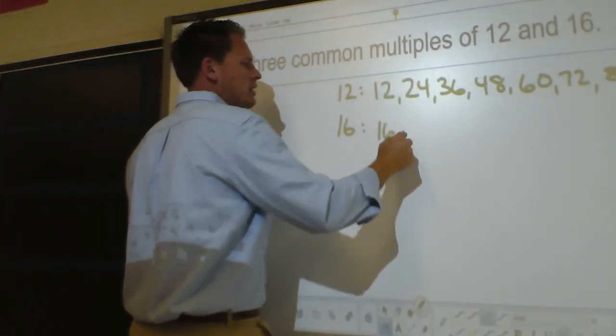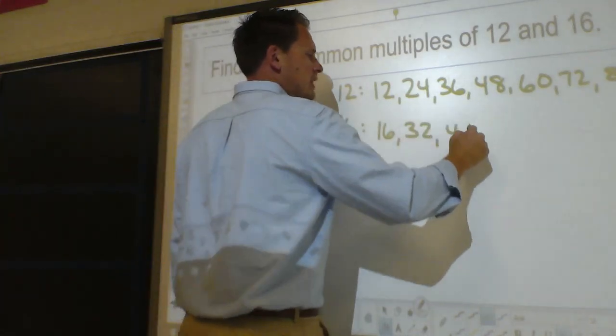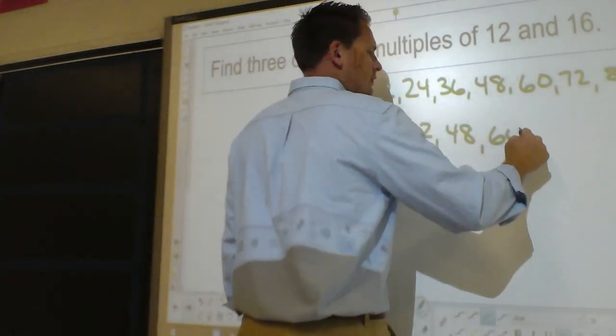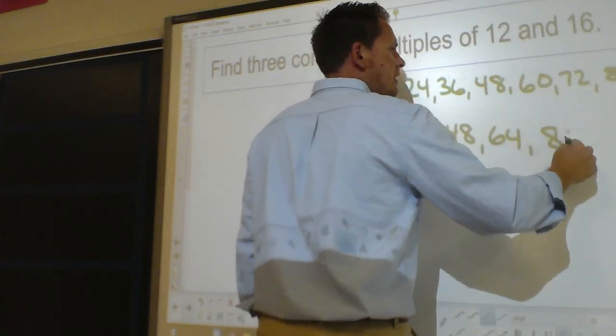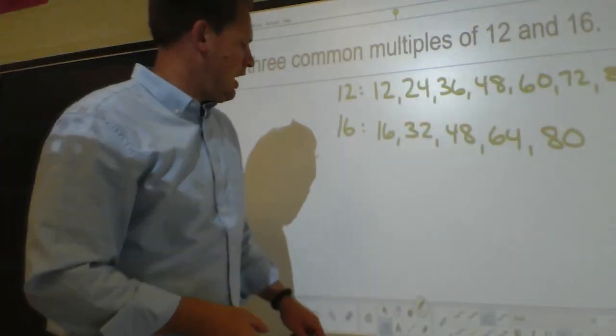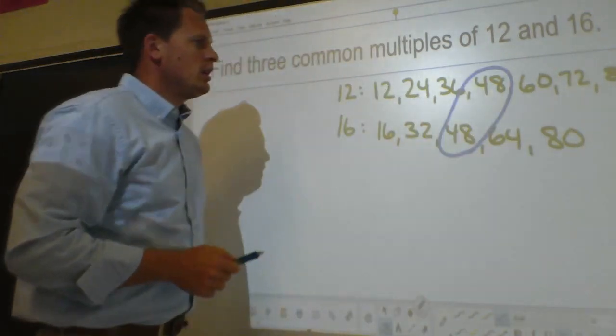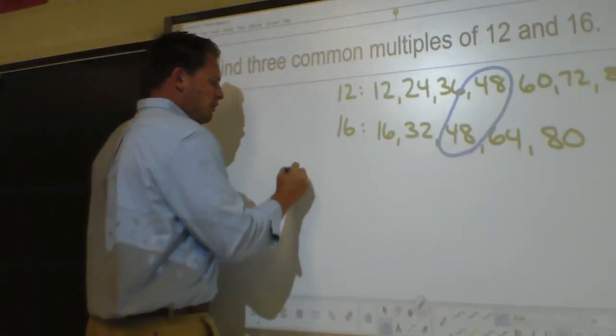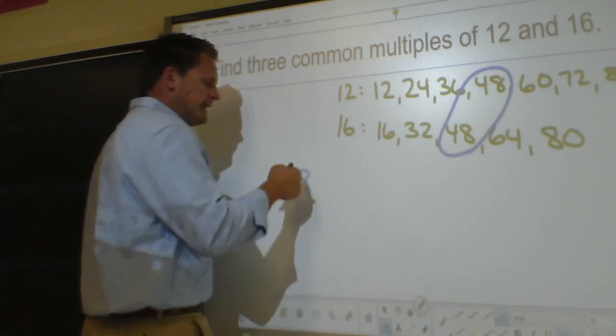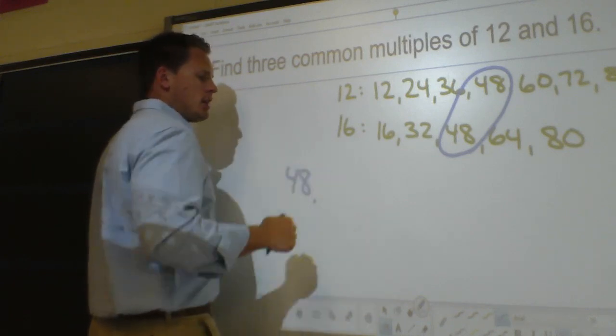We've got 16, 32, 48, 64, 80. All right, let's see. Do we have any in common now? We've got 48s in common. So I know 48 is 1 common multiple. And I have to count by 48s to find the other common multiples.